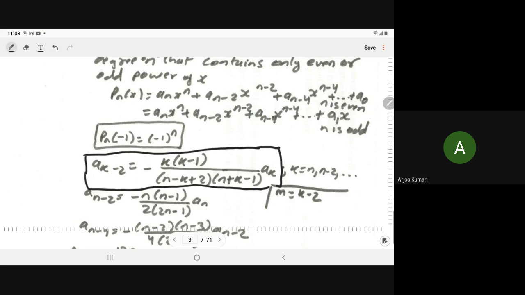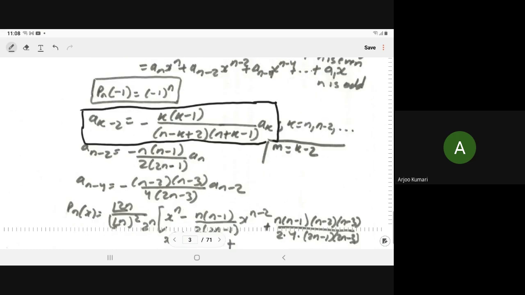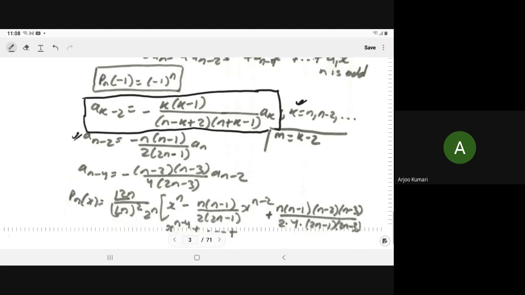And here k is equal to n, n minus 2 and so on, because it is a terminating series, the highest term will be x to the power n. So when we put k equal to n, you will get a(n minus 2) as minus n into (n minus 1) upon 2 into (2n minus 1) an.